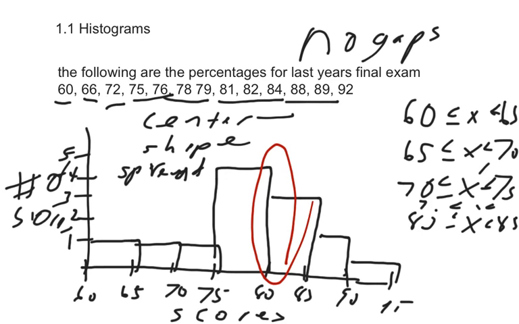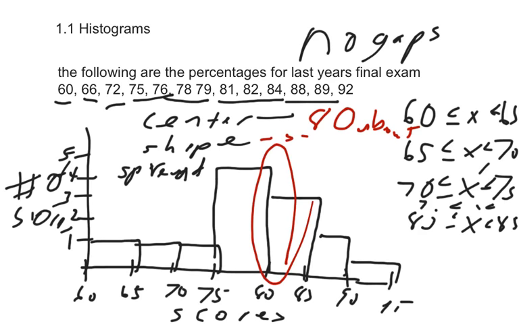Maybe 80, maybe 79. So we're not going to get an exact answer. We're not necessarily going to, in a histogram, say it's definitely going to be. We're going to use our fuzzy words. So we're going to say that it's 80. And if we're writing this out in sentences, we say it's about 80.